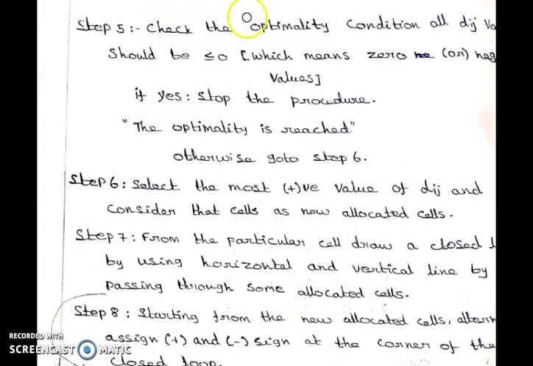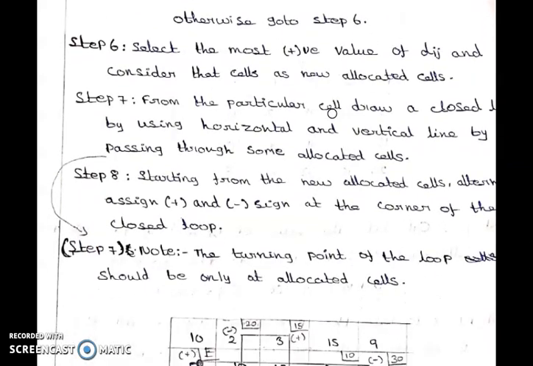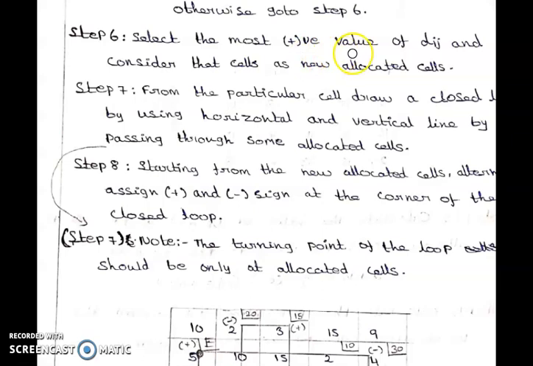Step 5: check the optimality condition. All the Dij values should be less than or equal to 0, which means 0 or a negative value. If yes, stop the procedure. Otherwise, go to step 6. Step 6: select the most negative value of Dij and consider that cell as the new allocated cell.